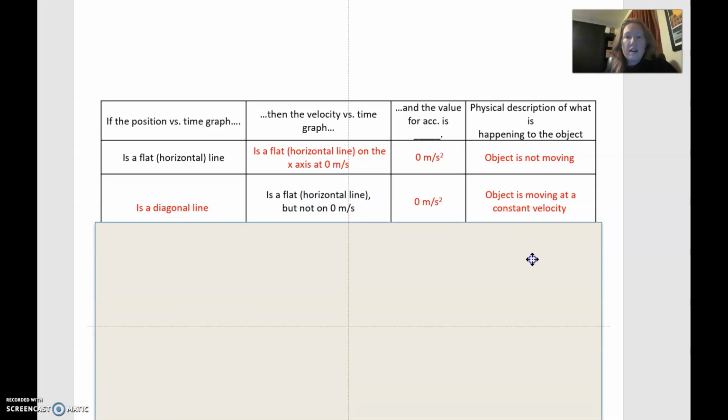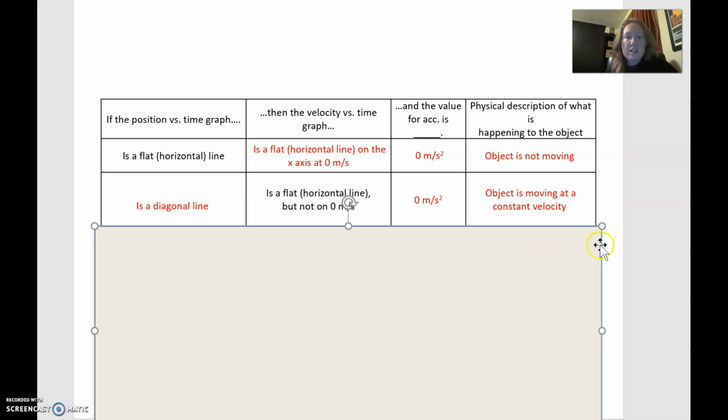Then, another situation we had in the last chapter was what if the position versus time graph is some kind of diagonal line? It could have a positive slope or a negative slope. So in that situation, that's when the velocity time graph just makes a flat line, but it's something not on 0 meters per second.